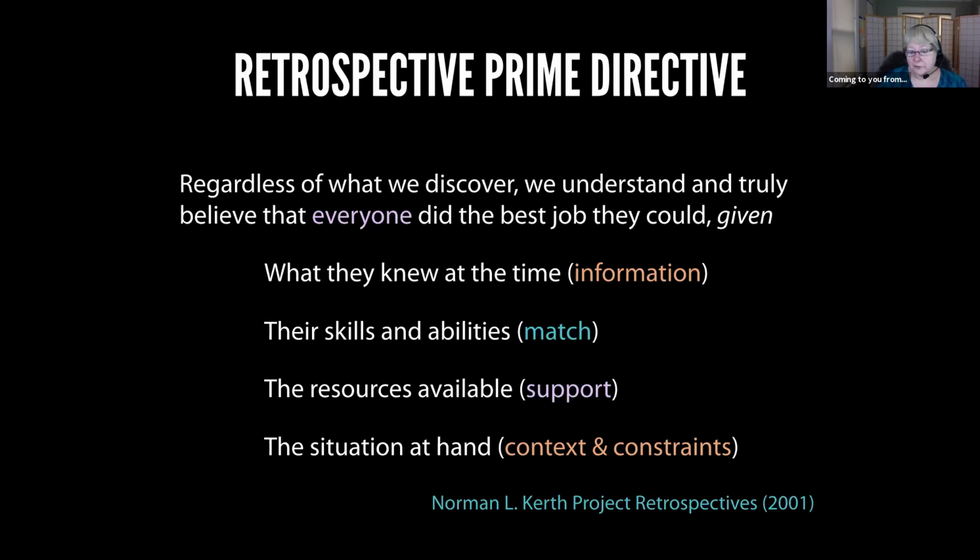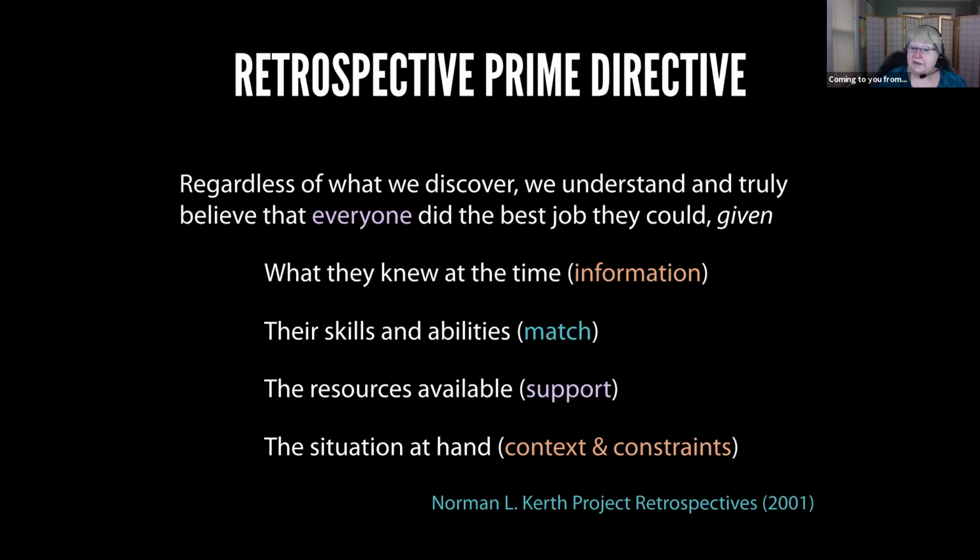This is from Norm Kerth's Project Retrospectives book. Regardless of what we discover, we understand and truly believe that everyone did the best job they could given, right? Maybe not their independent standard of best, but in that moment, it was the best they could manage, because we are always being affected by other things around us.